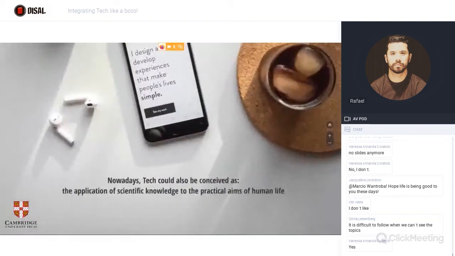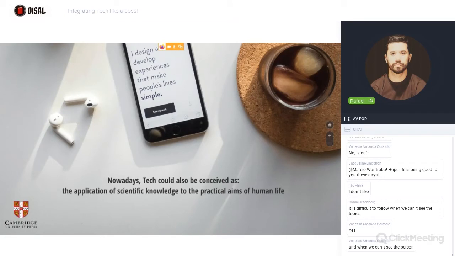Moving on, all that I have said led us to better understand how technology is faced nowadays. And I personally love this sentence that we have here in this slide: I design and develop experiences that make people's lives simple.